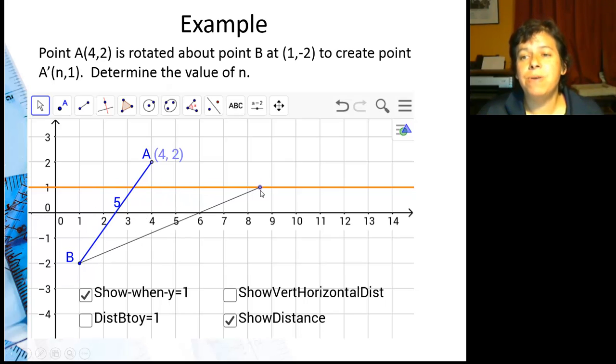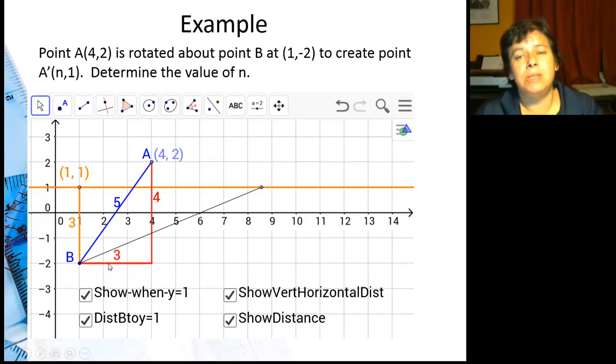So how can we verify what it is? Okay, well, let me first of all highlight the distance from B to this line. That distance is 3. Well, wait a second. When I did the vertical and the horizontal distance, a 3, 4, 5 is a right triangle.